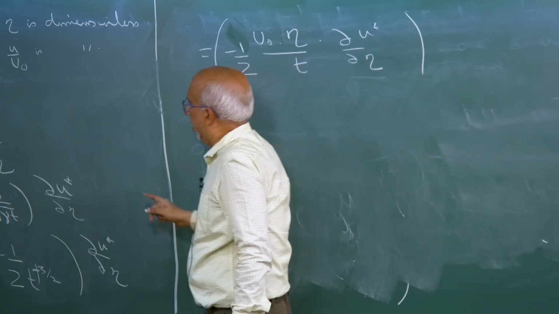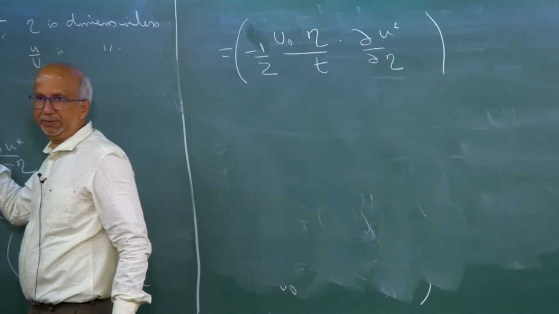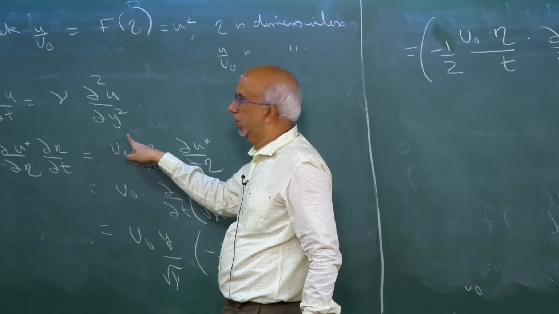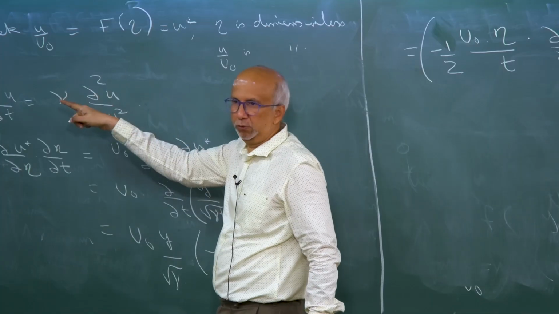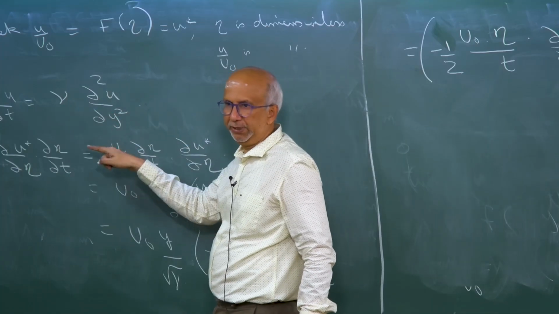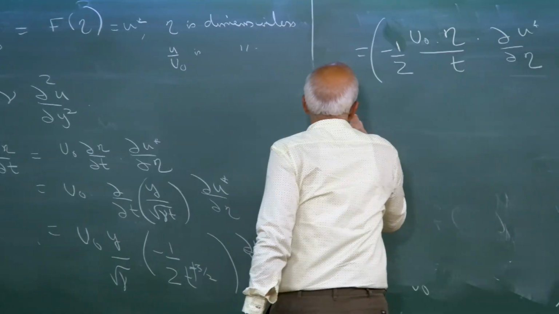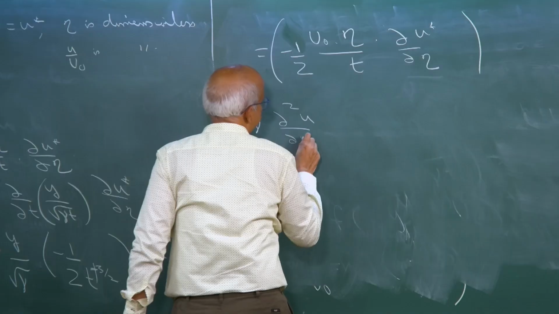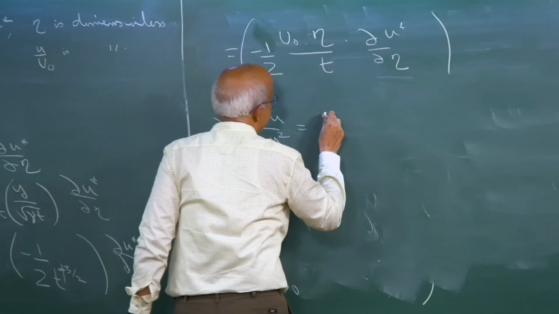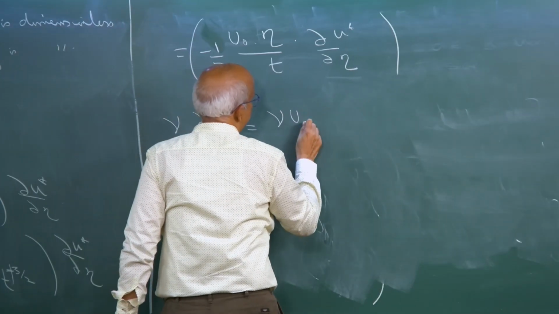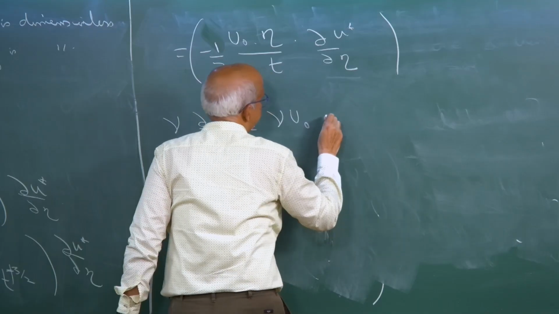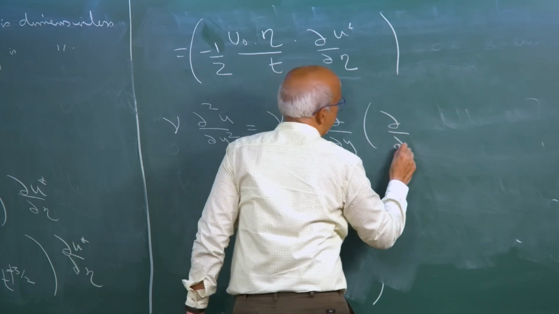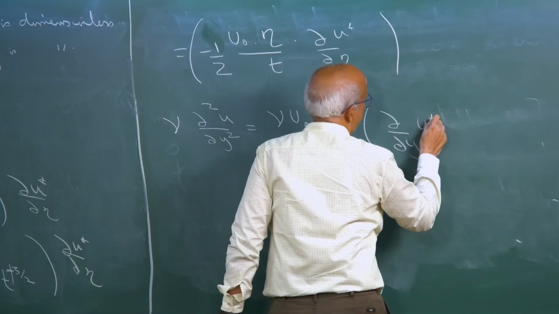Okay. Now, I have to work on the right hand side. I want to convert the u to u star again, when u naught goes out, and I want to convert the y to eta. So, nu times d square u by dy square. So, this is basically differentiation. Okay. It is nu times u naught times d by dy of d by dy of u star.